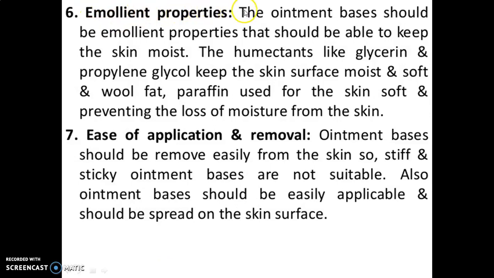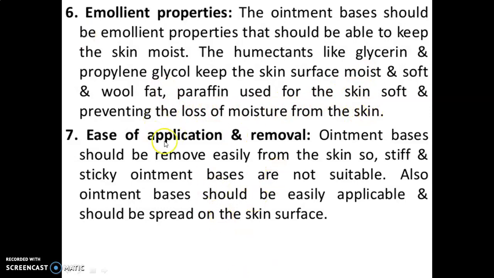Then emollient properties. The ointment bases should have emollient properties, that is, they should be able to keep the skin moist. Humectants like glycerin and propylene glycol keep the skin surface moist and soft, and wool fat and paraffin are used to keep the skin soft and prevent the loss of moisture from the skin.